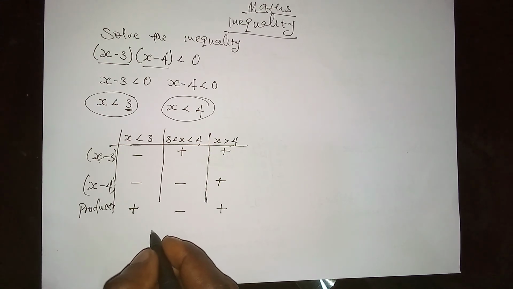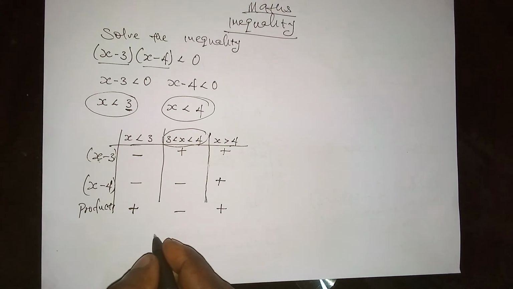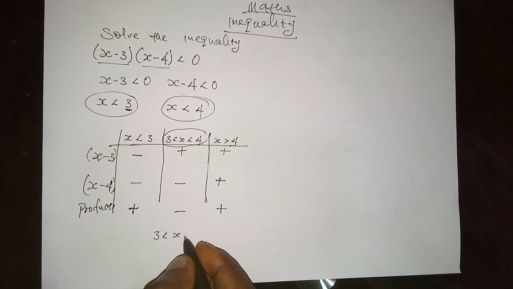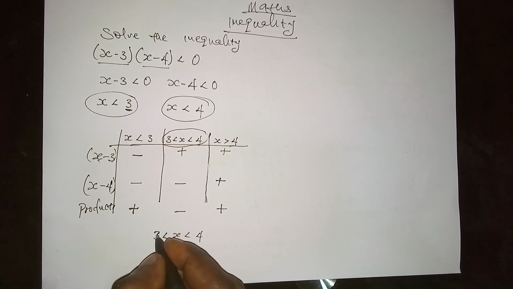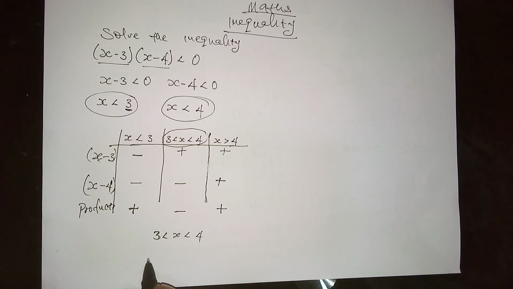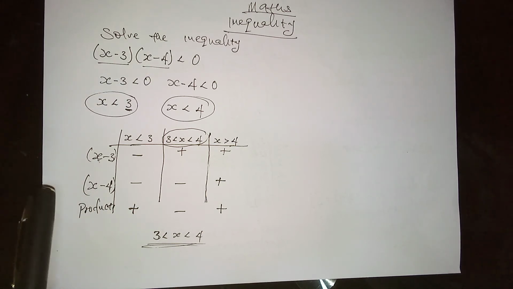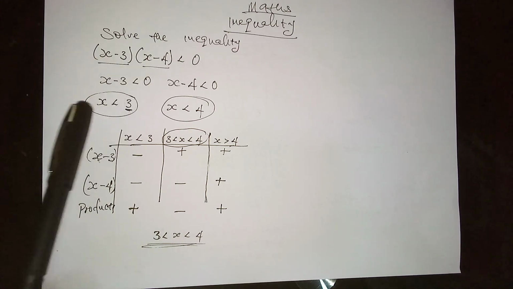If we have that, the range of values that will satisfy this inequality is this range, which is 3 less than x and x less than 4. Remember what we said, we are going to obtain the value of each of them.